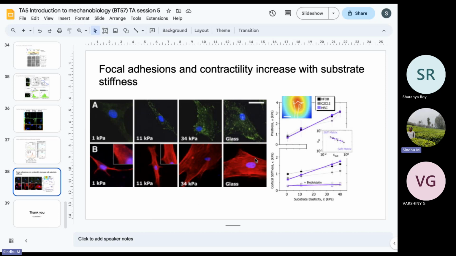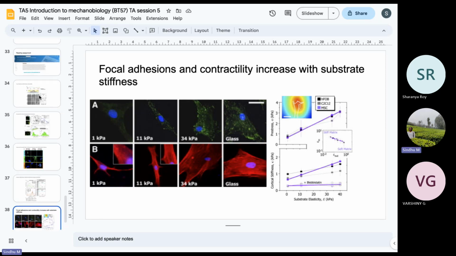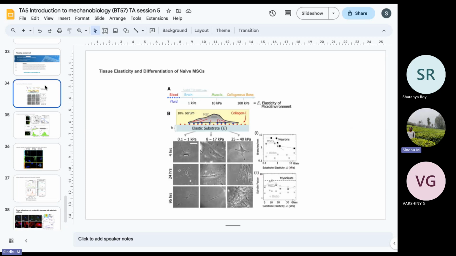So these are the stress fibers. In the first experiment itself, they did an experiment with a myosin inhibitor: they did a blebbistatin experiment.